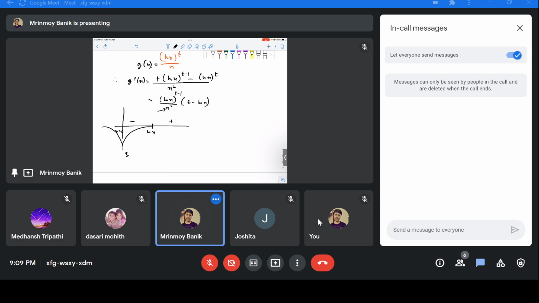Oh yeah, sorry, I'm missing something. I'm confusing between the variables. So t is not the variable here. n is the variable. So this is not t minus ln n. So I have to take the negative sign out. So ln n minus t.